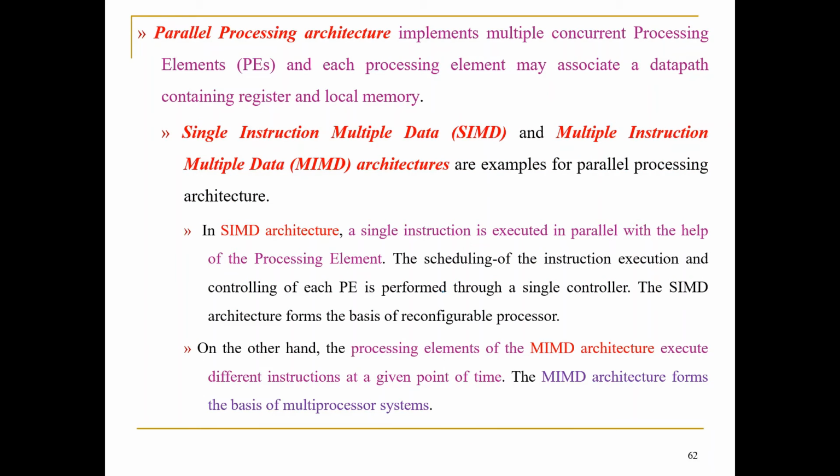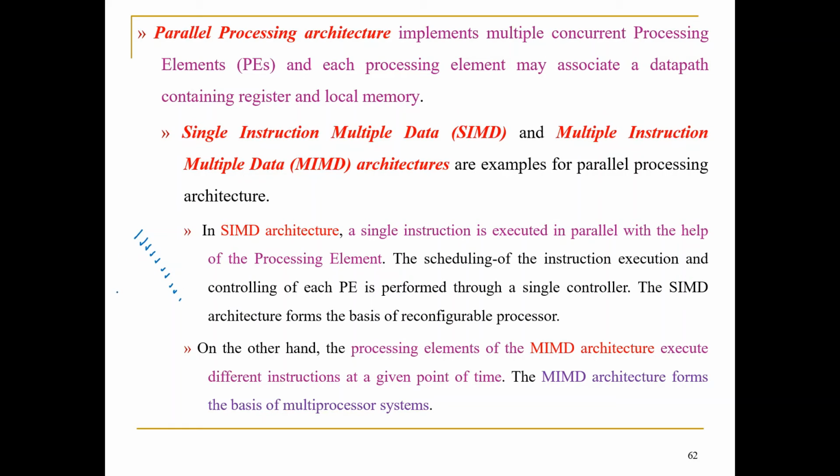Parallel processing architecture is all about implementing concurrent processing elements, and each processing element may associate a data path containing a register and a local memory. Let's understand this. Let's say that there is a data here, and there are multiple data here.